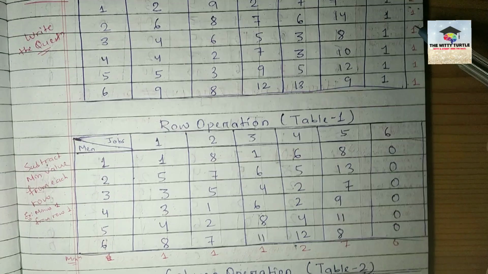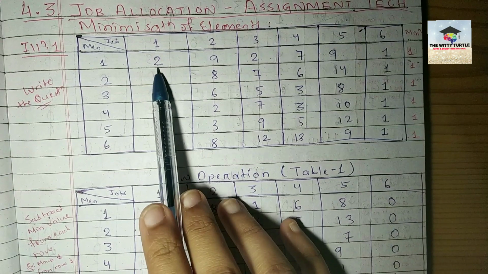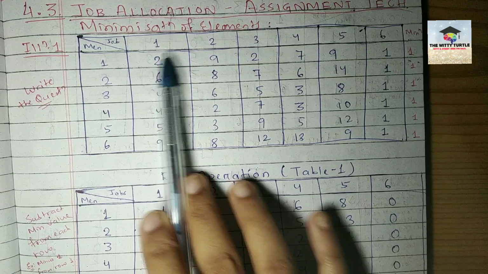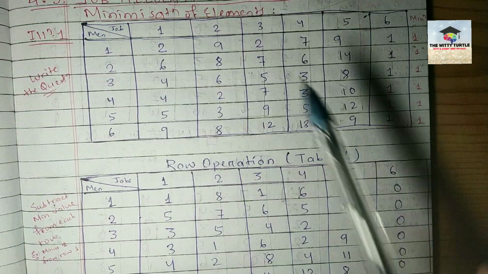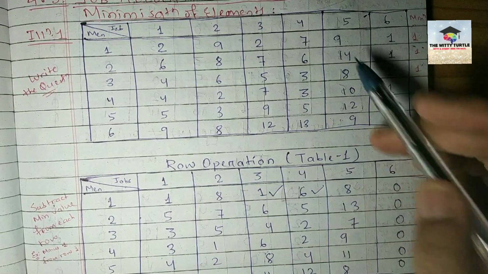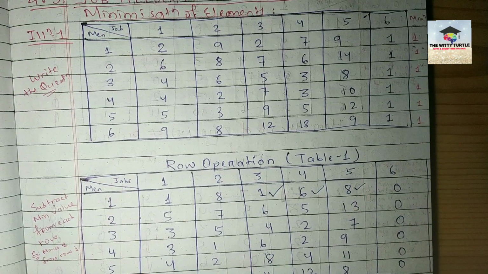So your minimum number is 1. Now look at the first table and tell me what is the first number in the first row? 2. 2 minus 1, 1. Then your 9 minus 1, 8. 2 minus 1, 1. 7 minus 1, 6. 9 minus 1 is 8 and 1 minus 1 is 0, right?